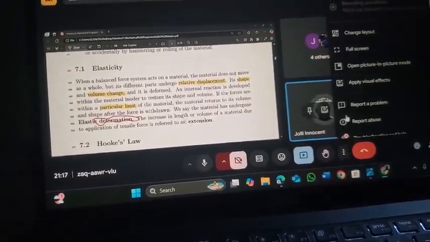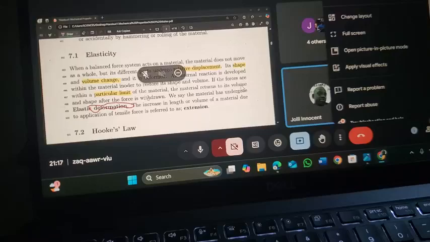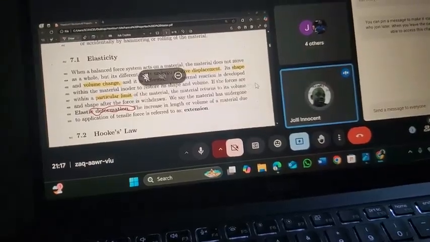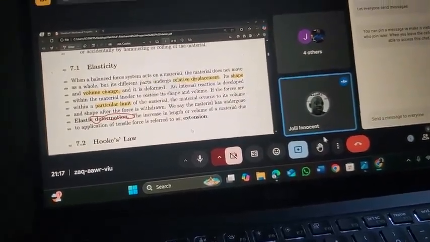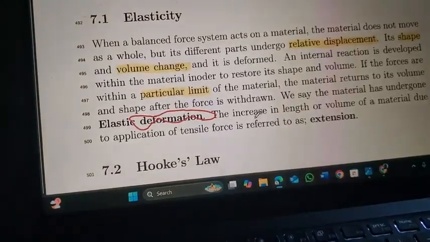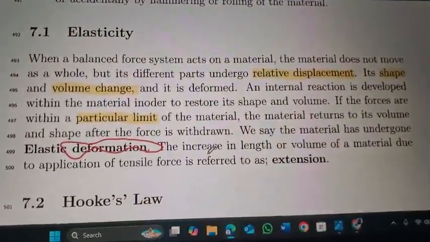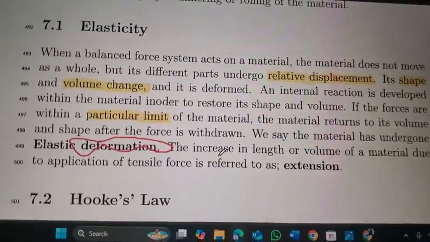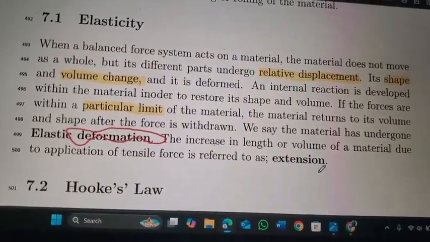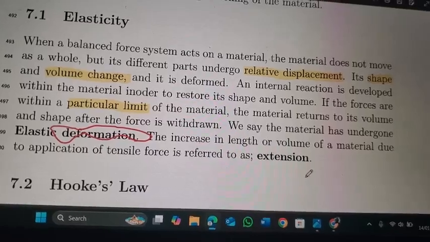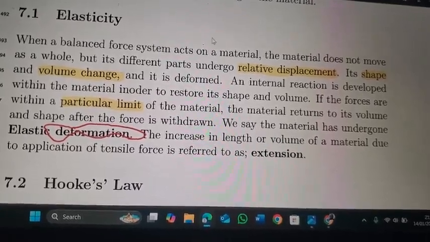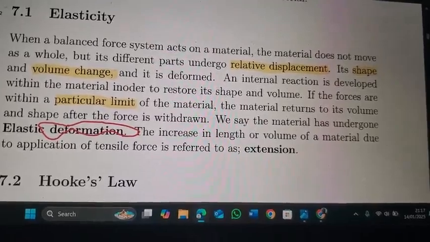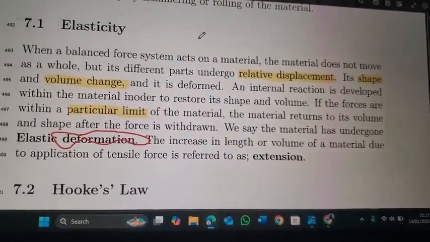A rubber band, which is a rubber. Another example of materials that exhibit such a behavior is also rubber, and a typical example that we know is a rubber band. When you pull a rubber band side by side, it elongates, and that elongation is what we refer to as extension.